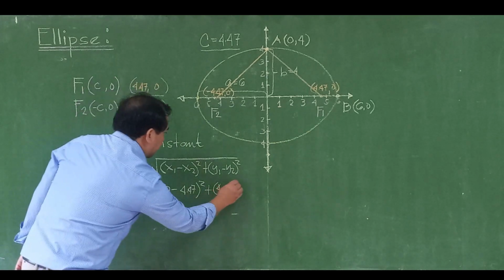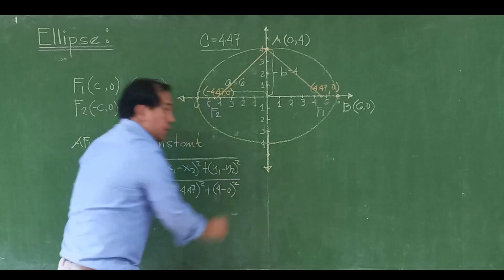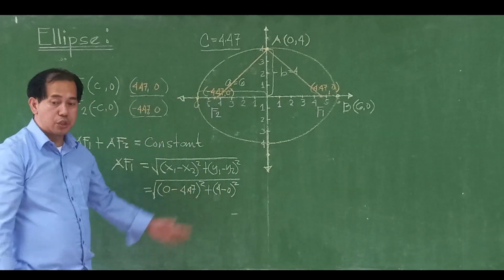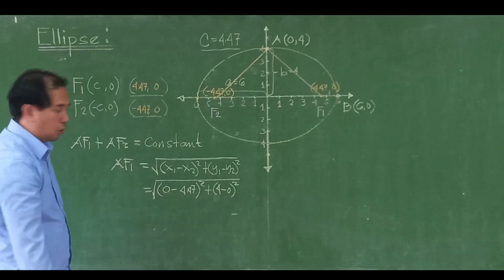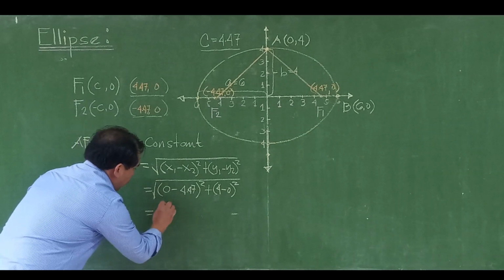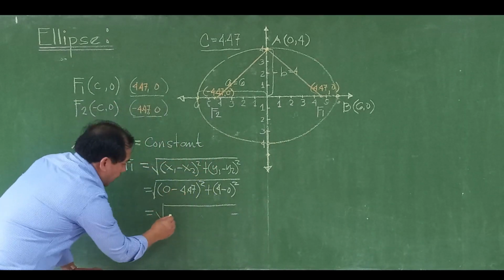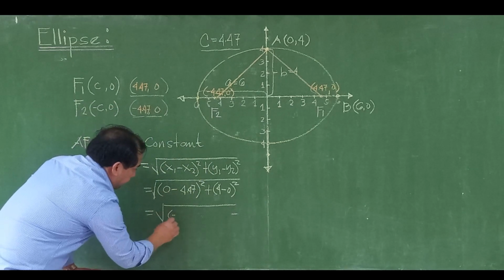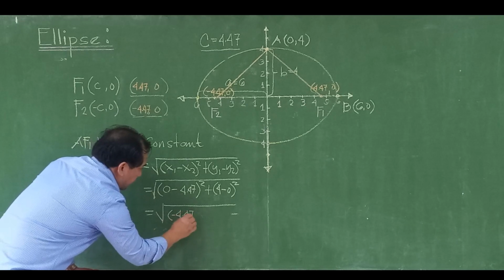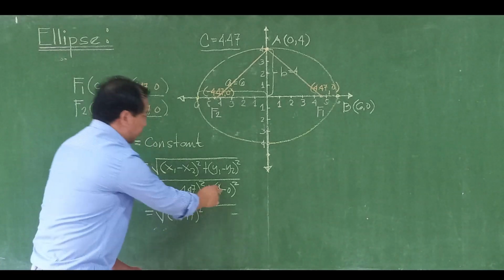That's the time we are going to have the result. So what must be the result of this one? That is the same as the square root of negative 4.47 raised to the second power. What about this here?